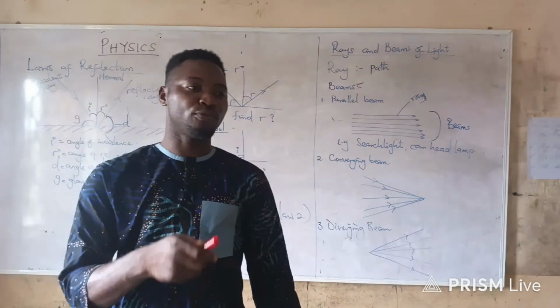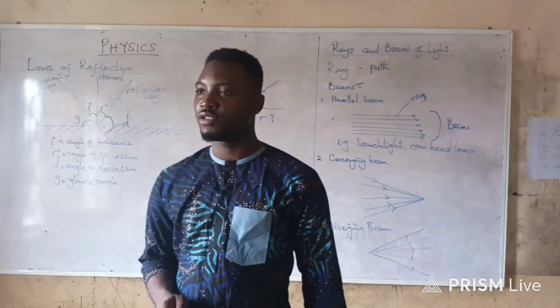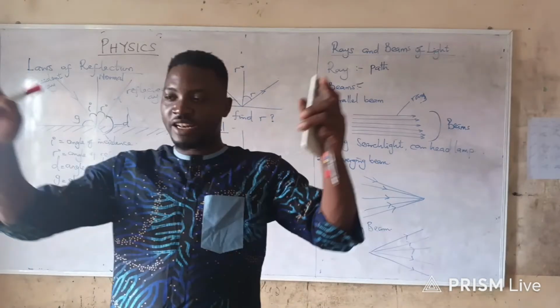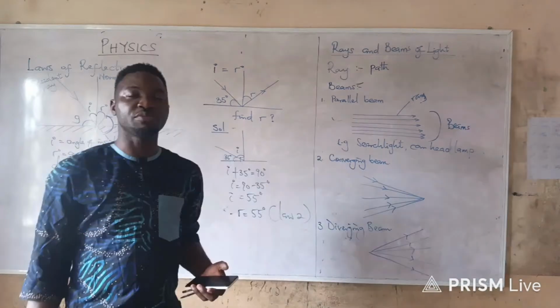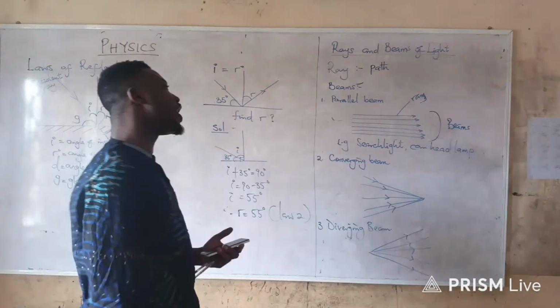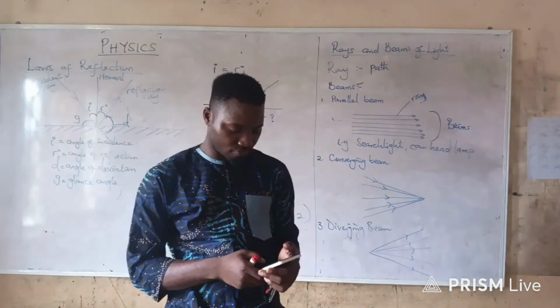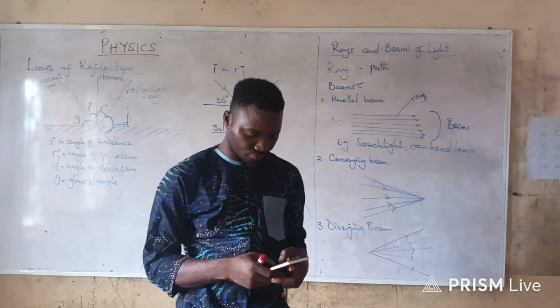So torchlight is known as what? Flashlight. Another example of a diverging beam of light is candle. Candle starts from a point and the light spreads. Are we together? The same thing from your bulb that you have at home is an example of a diverging light.